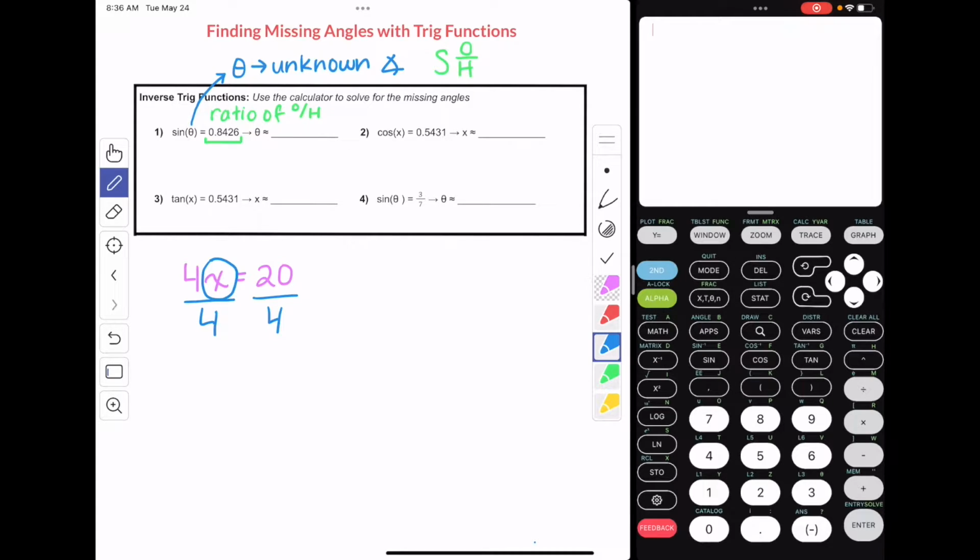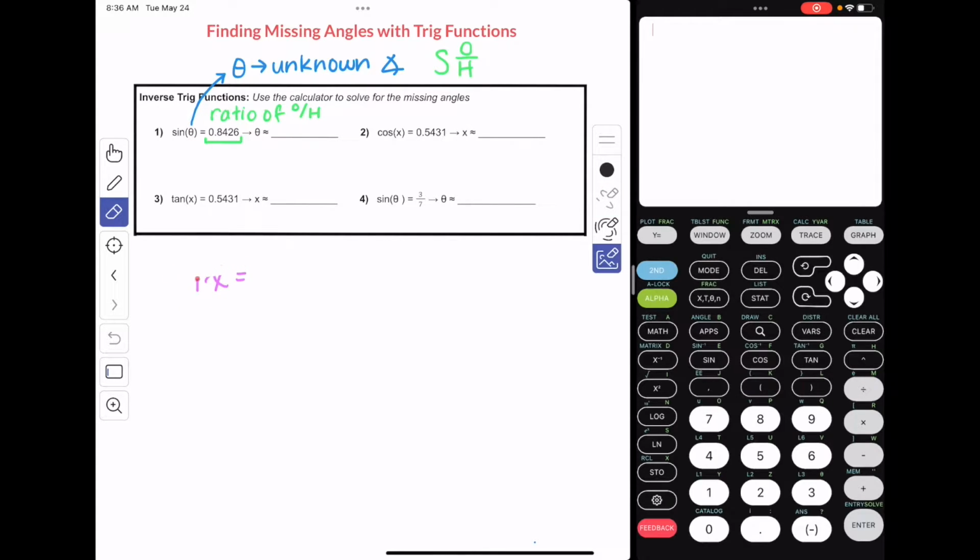So if we say what's happening with our theta, what's happening with our angle, we know that right now we're taking the sine of that angle, and we don't want the sine of that angle, so we're going to do the inverse. And in this problem, that's going to look something like this. When you have sine and you write it with this -1 in the exponent space, that represents the inverse of sine.